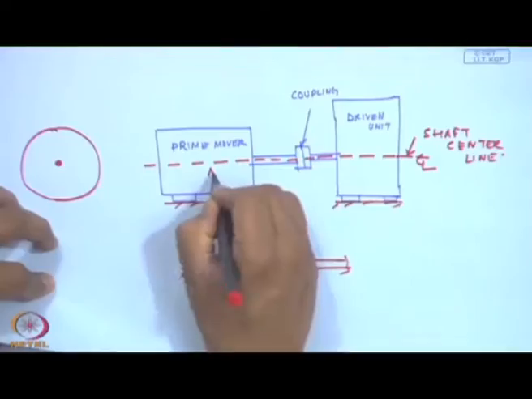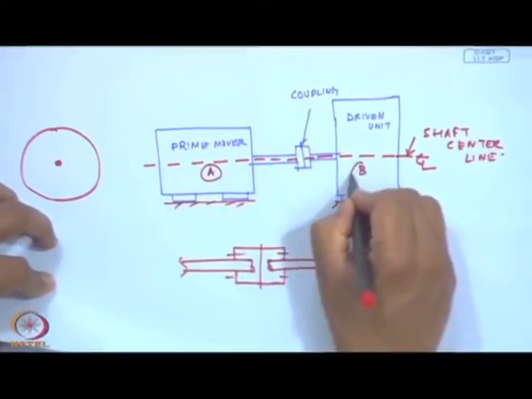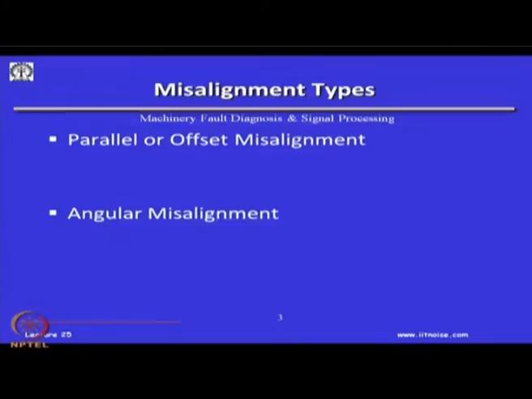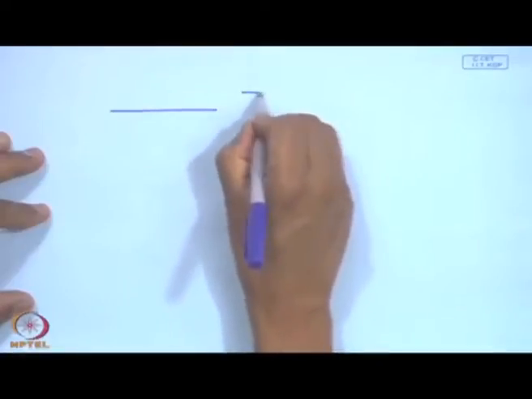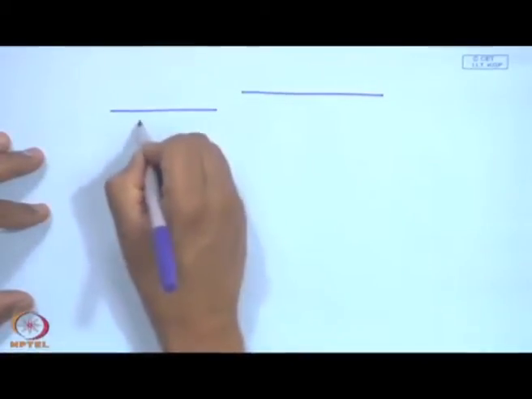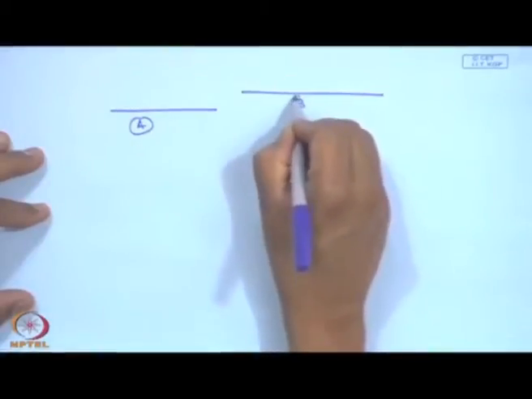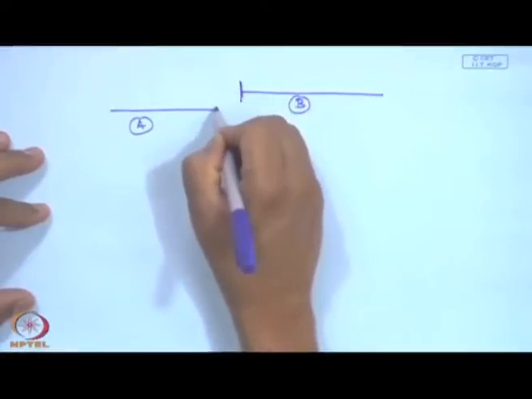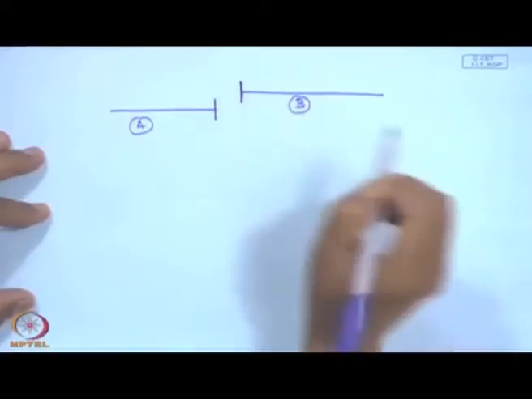Suppose I say this is shaft A and shaft B. By misalignment, I mean that shaft A and shaft B, and this is the end of the coupling, the face of the coupling.